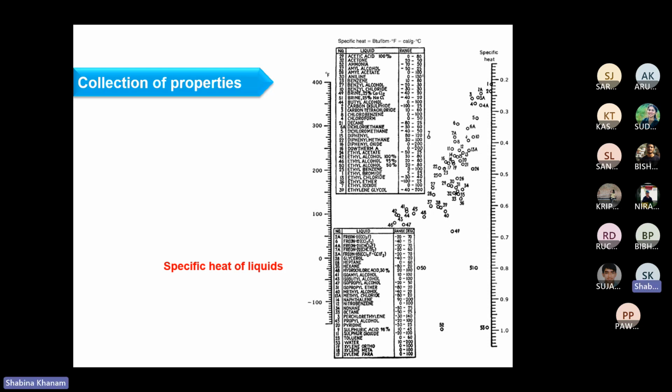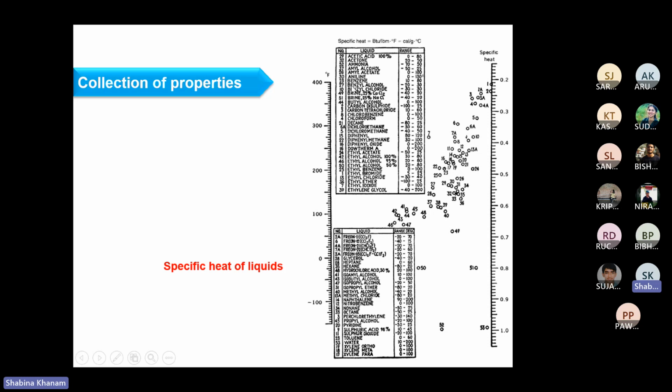of benzene. If you see, benzene is available here as number 23. We discussed this graph in the last class also.